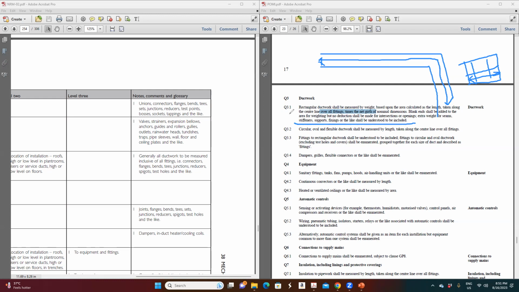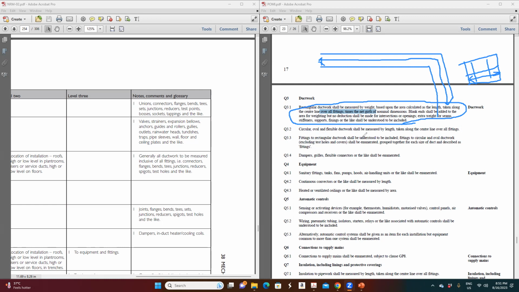In principle, what they said is that the metal duct has to be measured by weight throughout the joint and connection, bend and everything. That is one thing. Then they said here circular, oval and flexible duct shall be measured by length taken along the center line of the fittings. So circular duct and flexible duct shall be measured by length, not by kilogram.